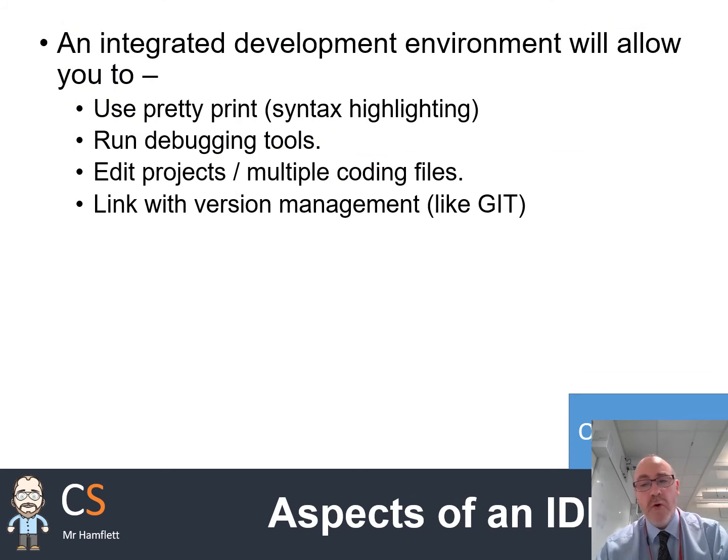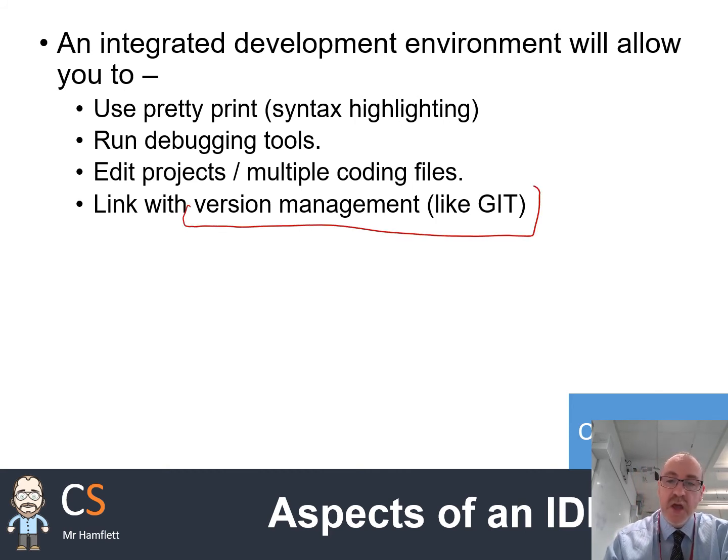So some of the core things which we've already talked about: syntax highlighting, pretty printing, debugging tools, being able to have multiple coding files, and also version management. I didn't mention this one. Version management is really, really useful when you're in a bigger project and you're working in a team. Because what happens is you can have your own local copy of the code, which is kept updated.